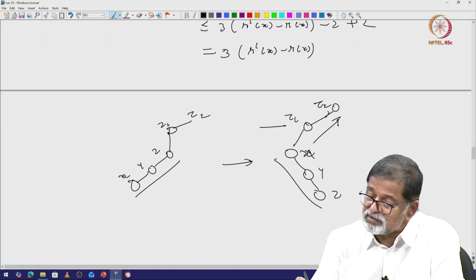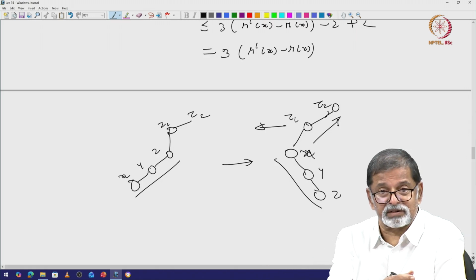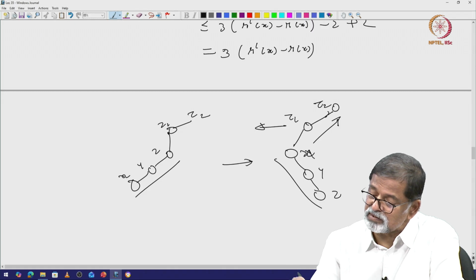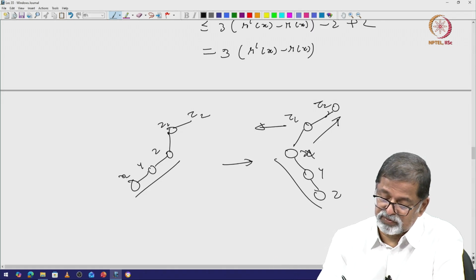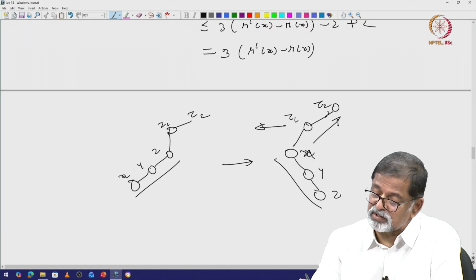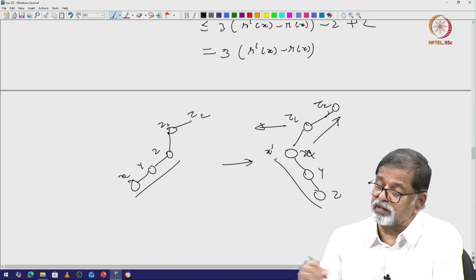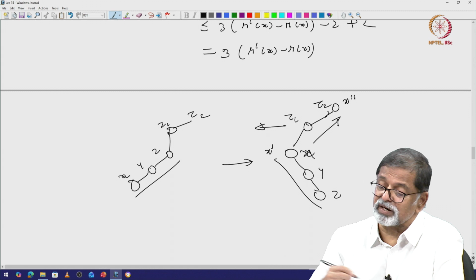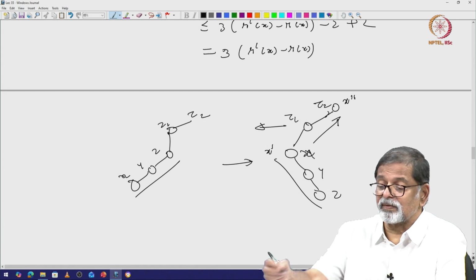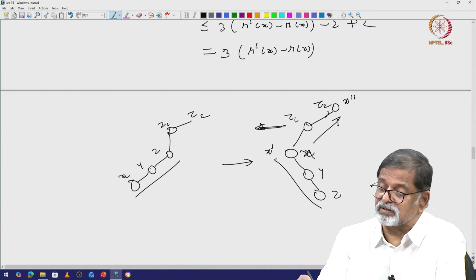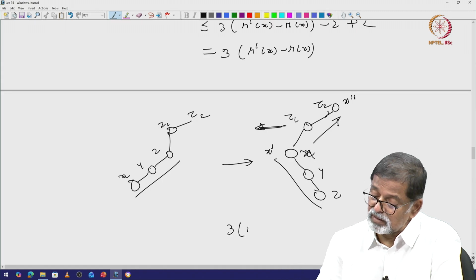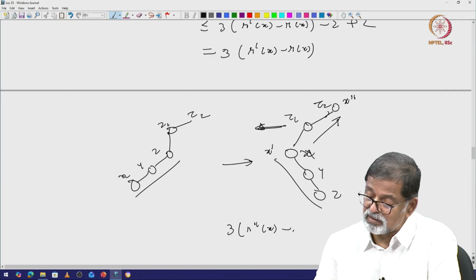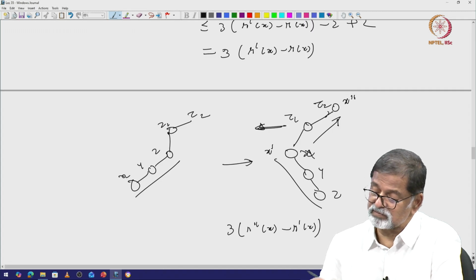For this stage, an identical computation, let us say this was the position of x, call the new position x dash and call the new position x double dash. Therefore, what will be the amortized cost for that stage? That will be 3 r double dash x minus r dash of x.